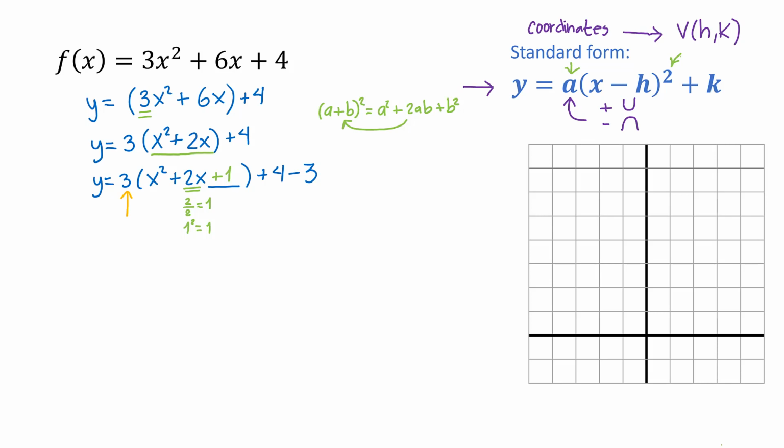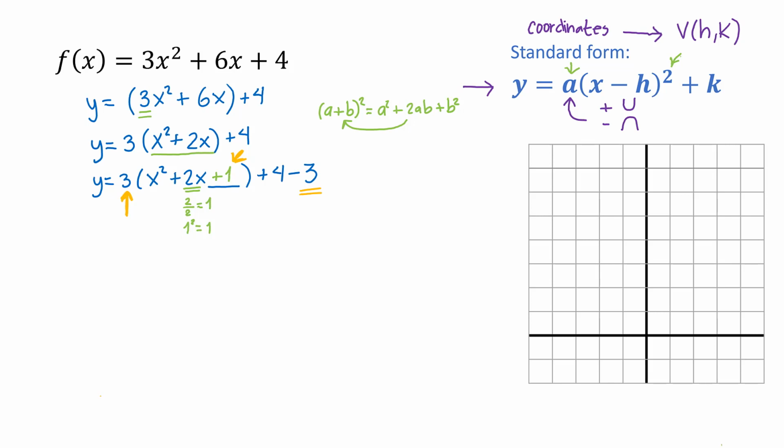So be careful to check if you have a coefficient. If you have a coefficient outside, like this number 3, whichever number that you add here is going to be multiplied times 3. And you're going to have to multiply it to then subtract it. If you don't have a coefficient, you would have only to subtract the same number that you wrote inside the parenthesis.